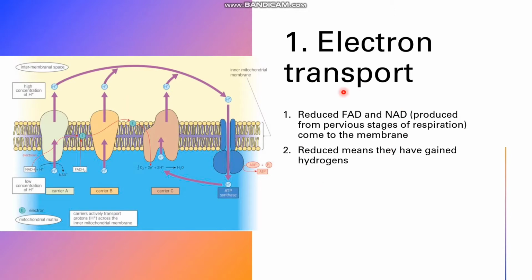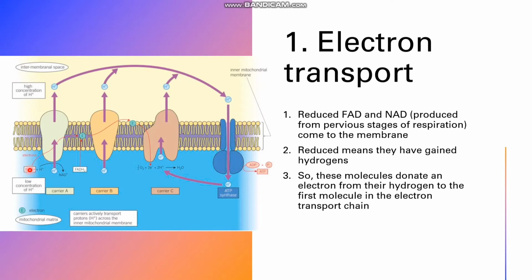They are called reduced because they have gained electrons in these previous stages. These molecules come up to the membrane and donate an electron from the hydrogen that they have gained. An electron is lost from this hydrogen, and this electron is given to the first molecule in the electron transport chain, usually a protein in the inner membrane.